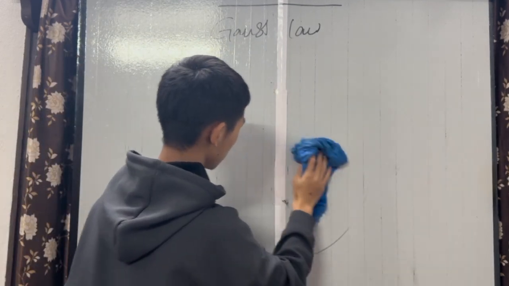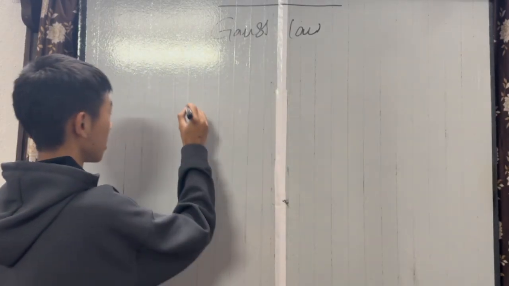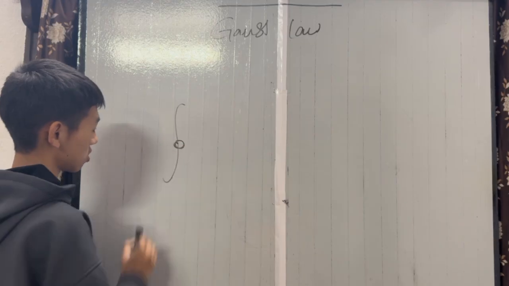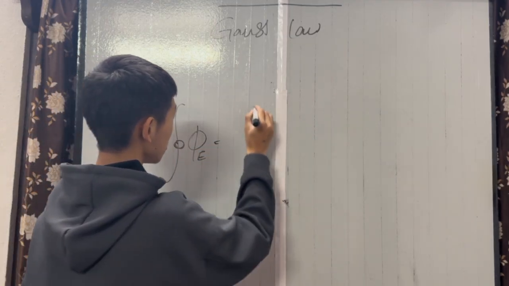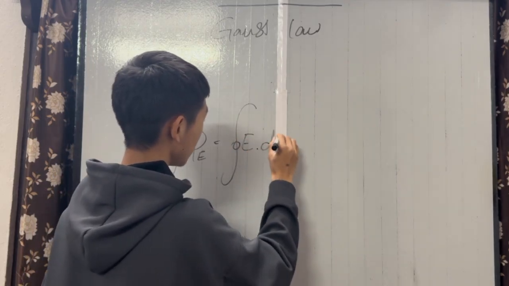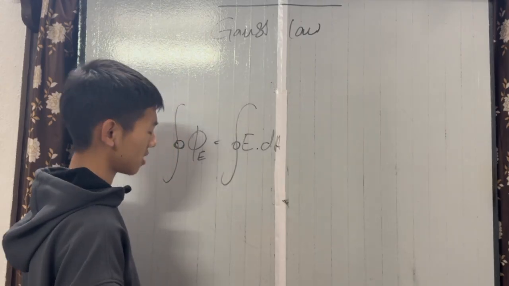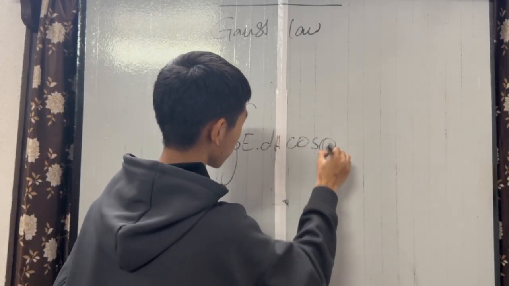Gauss law, not only for a sphere: flux is equal to the closed integral of E dot dA. dA means small area. The only thing that changes here is the area, and the area is very small, with cos theta.